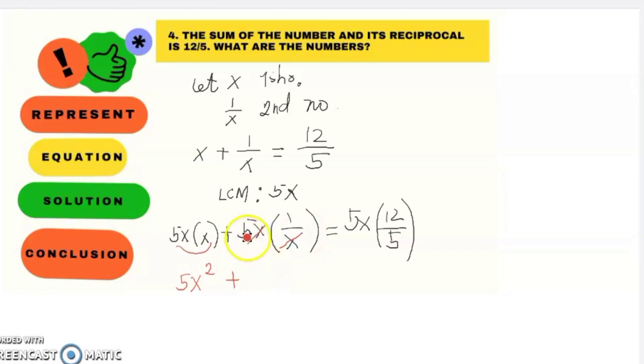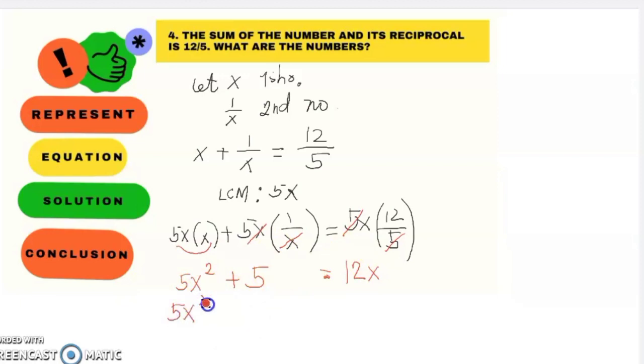So, ang matitira na lang is 5 times 1 or just 5. Next, since merong 5 sa denominator, cancel na natin. So, we will have 12x. So, we write it in standard form.